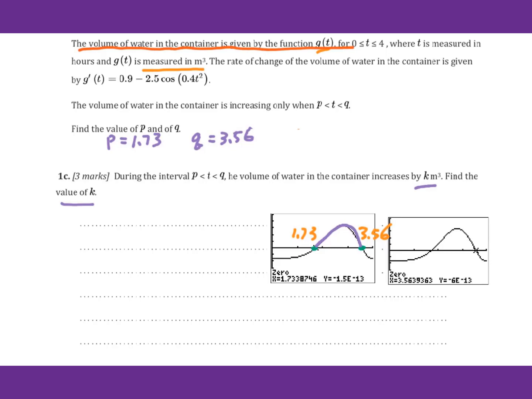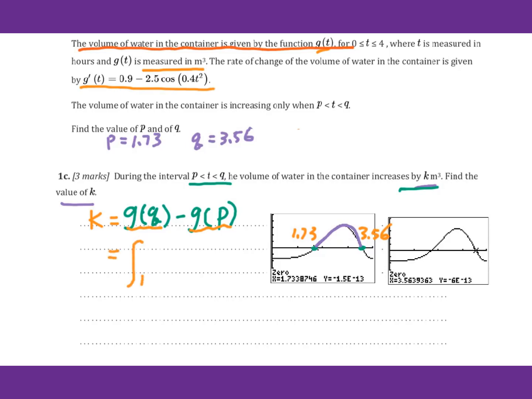Therefore, during the interval t between p and q, the increased volume of water will be g of q minus g of p. This will be the k. How do we get g of q minus g of p? We can do the integral of this. So we get the integral from 1.73 to 3.56 of g prime t dt.